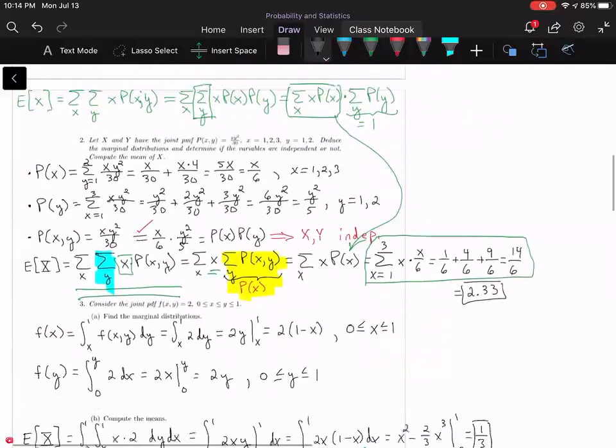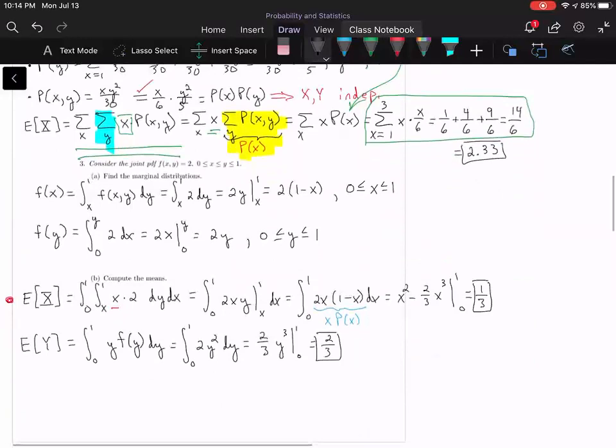Remember, you are integrating this joint PDF, which has support that 0 is less than x, which is less than y, which is less than 1. So when you're integrating, as I did, y first, which is dependent on x, you have to account for that. So y is between x and 1. And then x will be between 0 and 1.